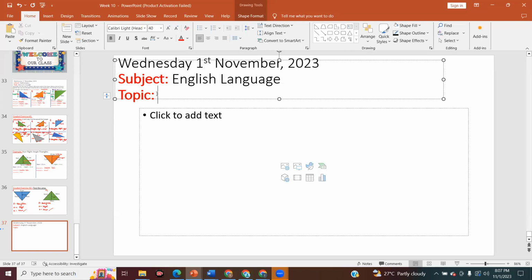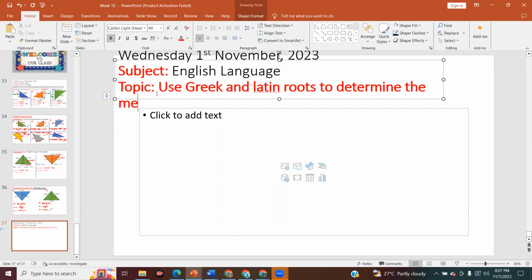I thought we would give a little swing to it, and we're going to be using Greek and Latin roots to determine the meaning of words. So we're going to be looking at Greek and Latin roots to determine the meaning of words.